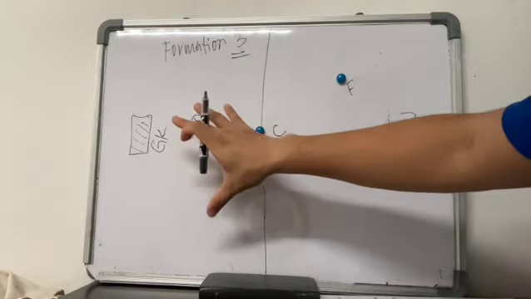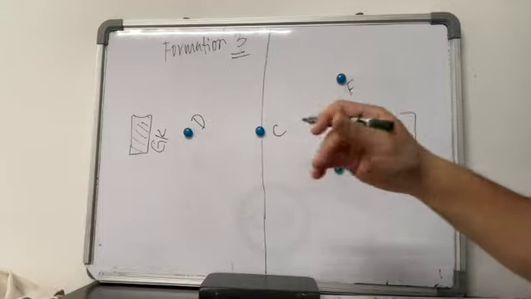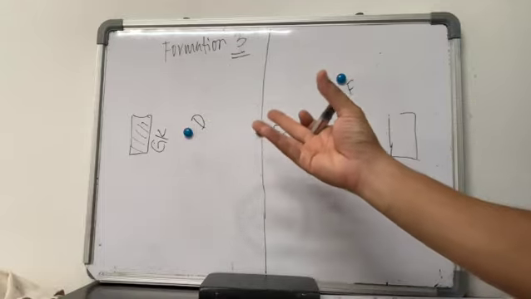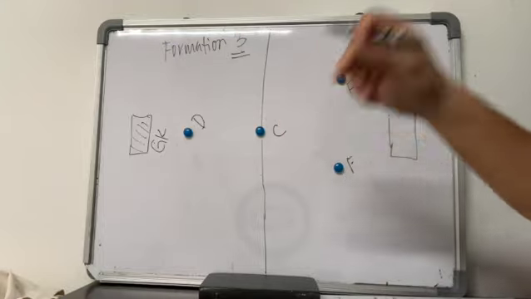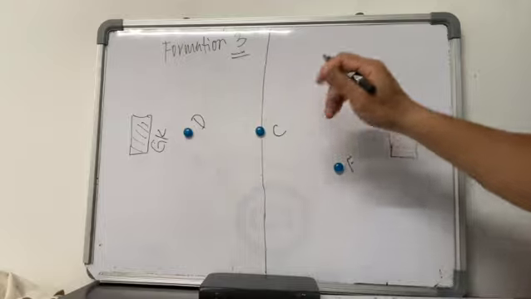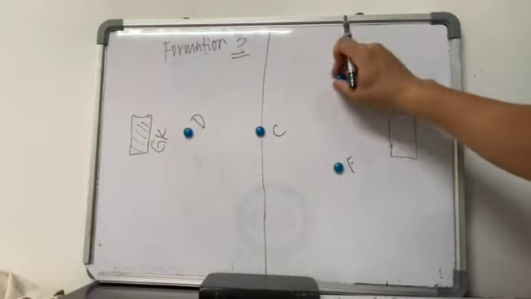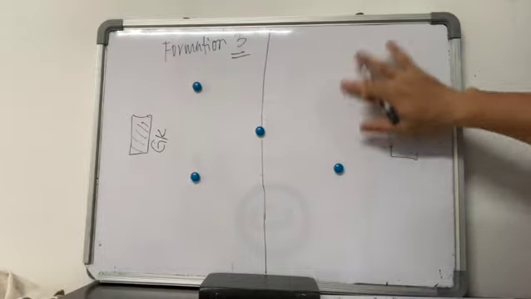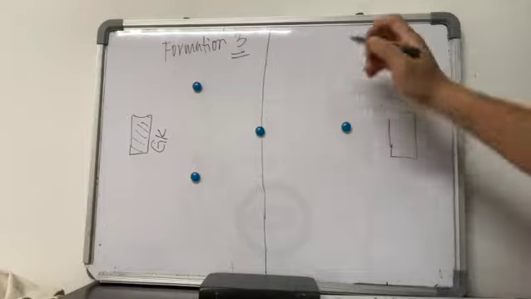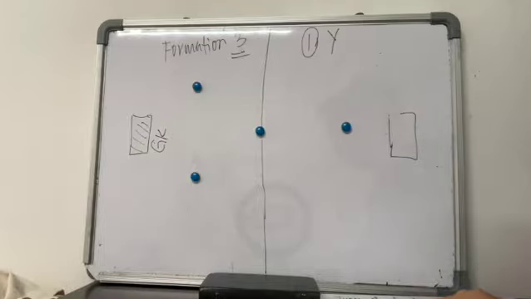Usually when I utilize these 2 kinds of Ys, because both are Y formations, I can't just say let's use Y formation. So if I use 2 kinds of Y on the same team, for formation number 2, where you have only 1 forward, I usually call it 1Y because you only have 1 forward up top.